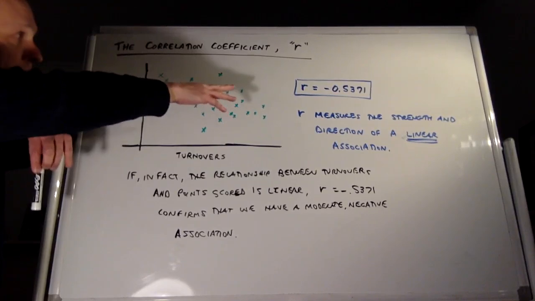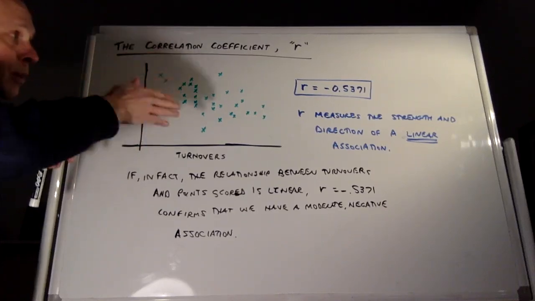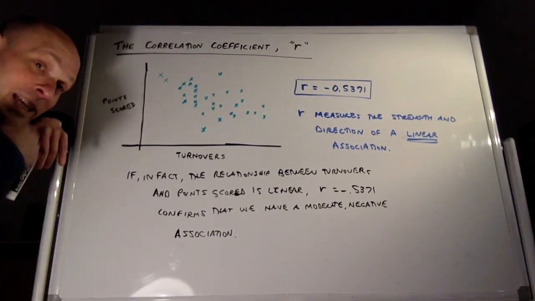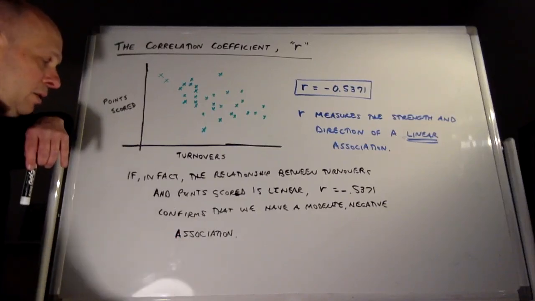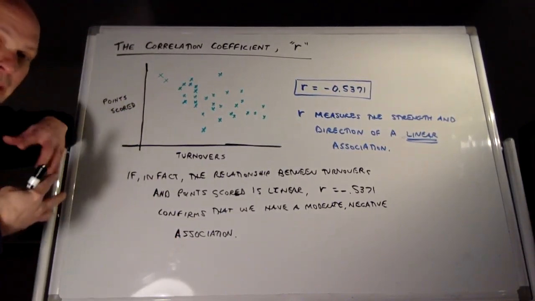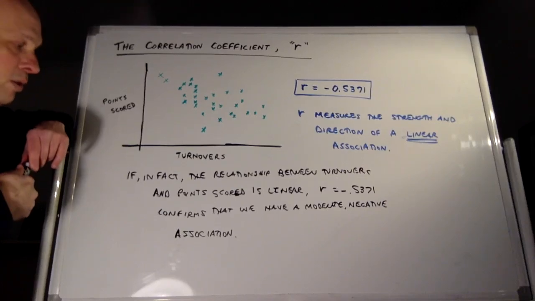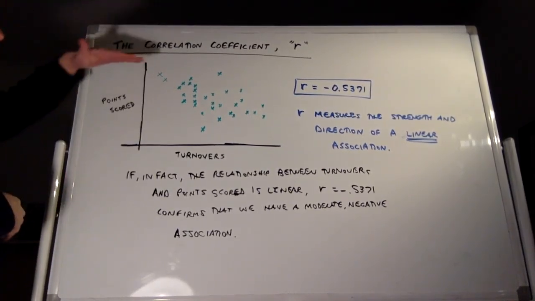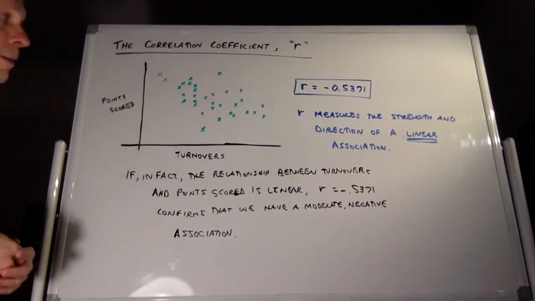It's what we call R. So the correlation coefficient is this number, -0.5371, but it's a measure of a linear association. So association is the word you want to use. That number confirms that we have a moderate negative association between turnovers and points scored. So don't misuse the word correlation. It's a specific word tied to this value called R.